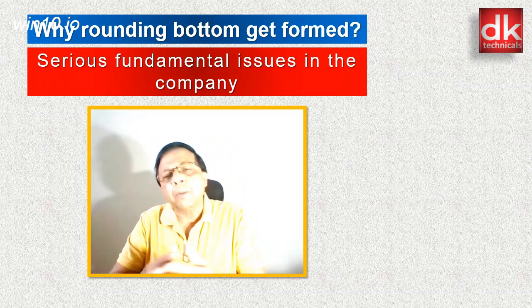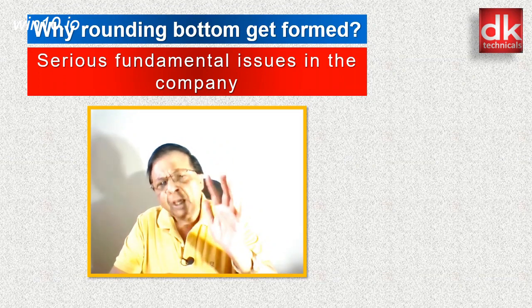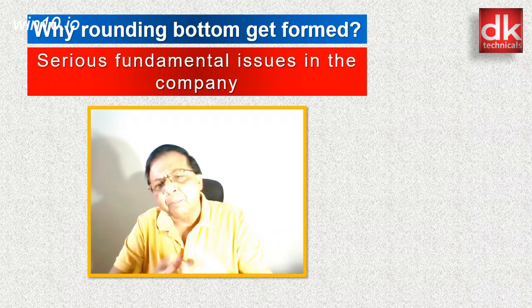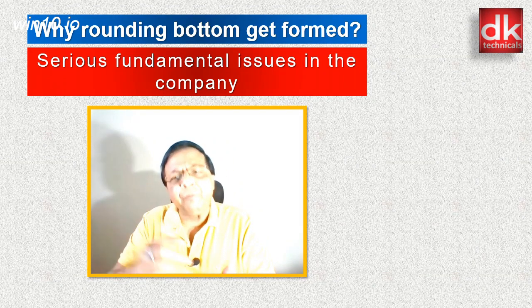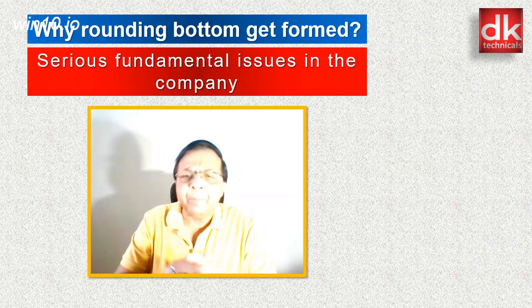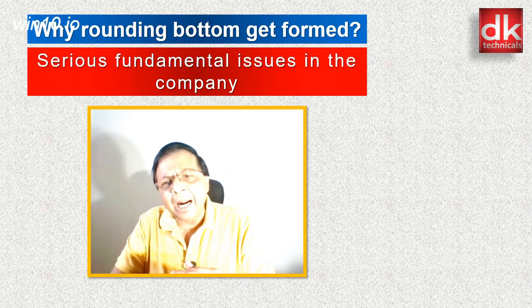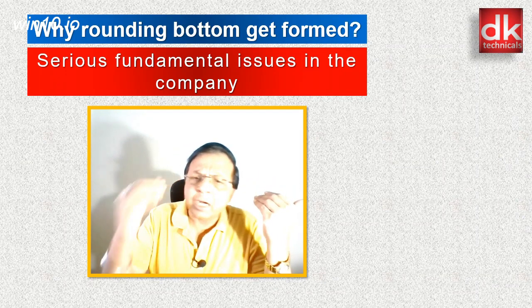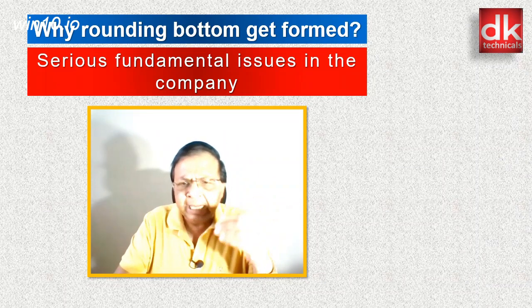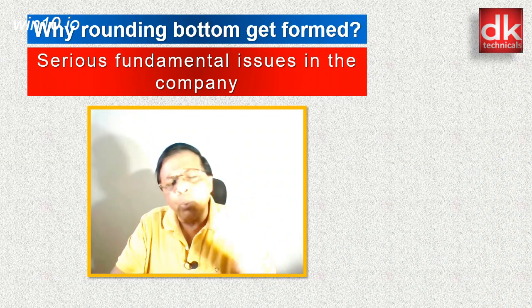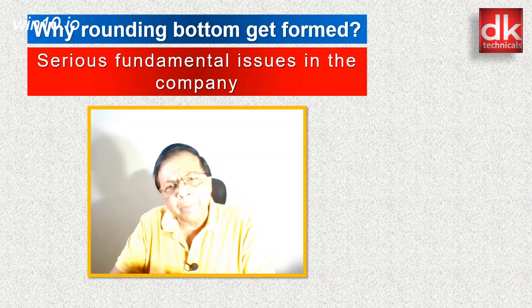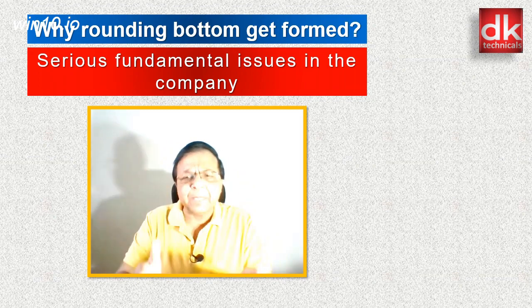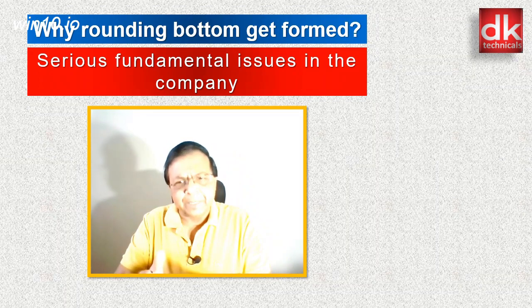Like if you talk about Nifty 50, it has 50 fundamentally large cap companies constituting the Nifty 50. And when a particular company starts performing badly, it gets out of the Nifty and some other stock replaces that stock. And hence at index level, you won't find such pattern formation. So it is very stock specific, because it is company specific.